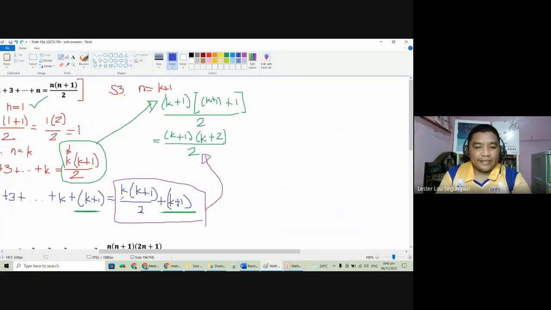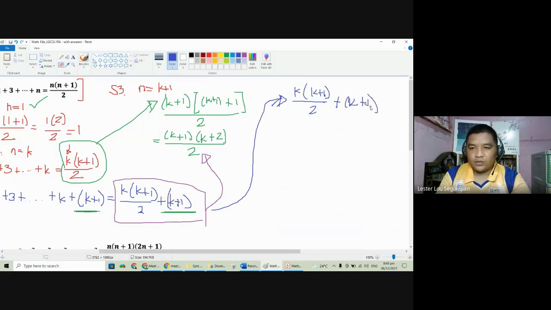We need to show that this expression will return to this expression here. So we have here k times k plus 1 all over 2 plus the quantity k plus 1. So that's k, that's 1.